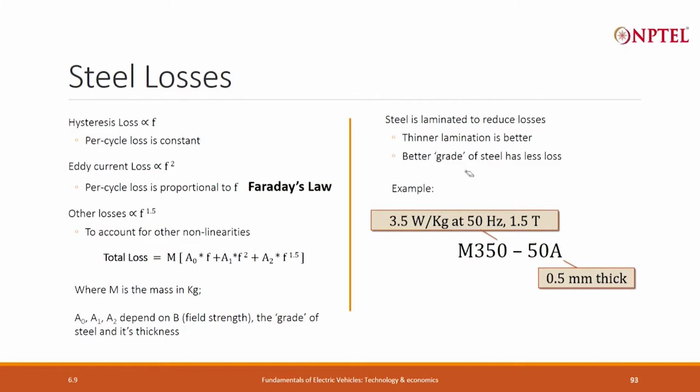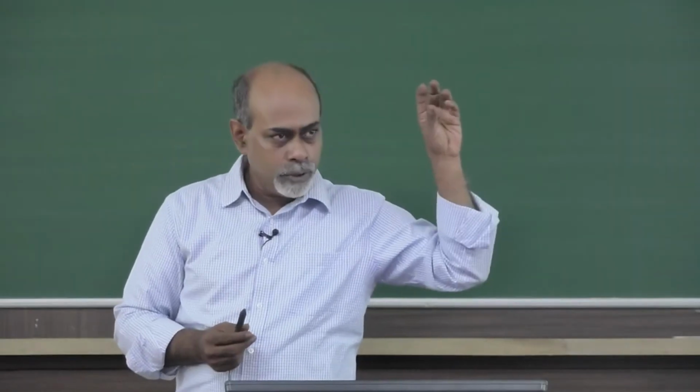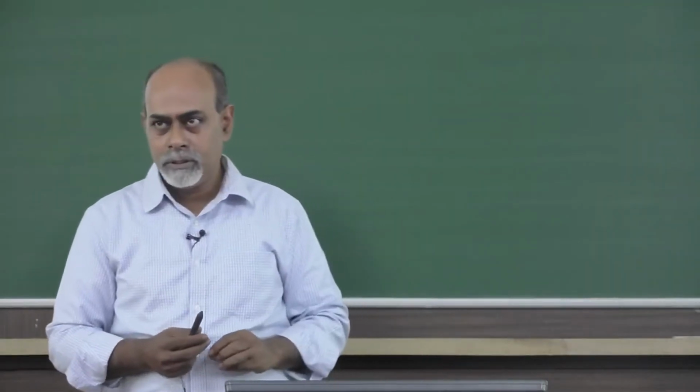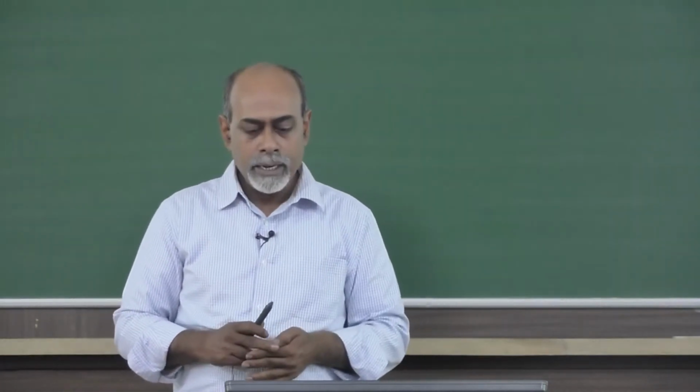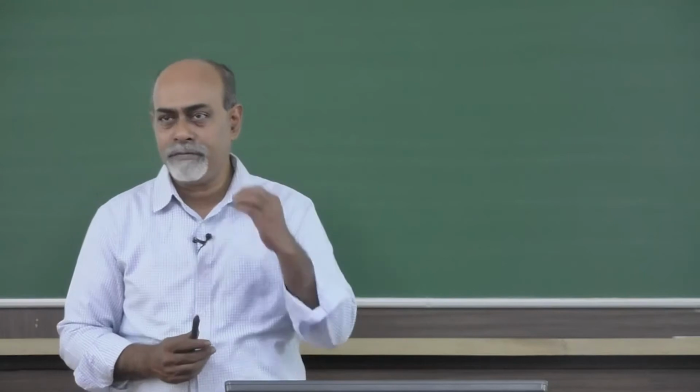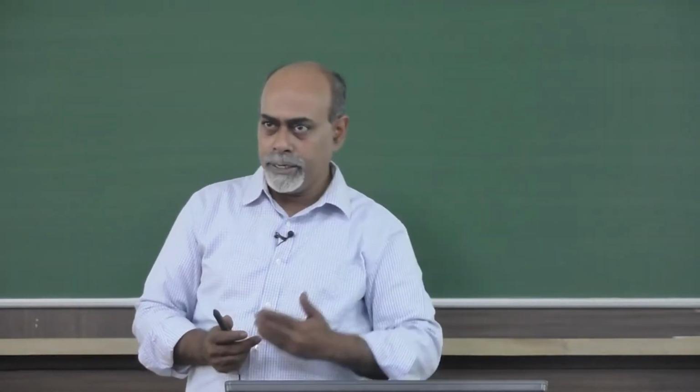So, I can have M270-35A. It means the grade is 270, which means I will get only 2.7 watts per kilogram under standard test conditions, and the thickness of the sheet is 0.35 millimeters. So, I can choose different grades of steel.